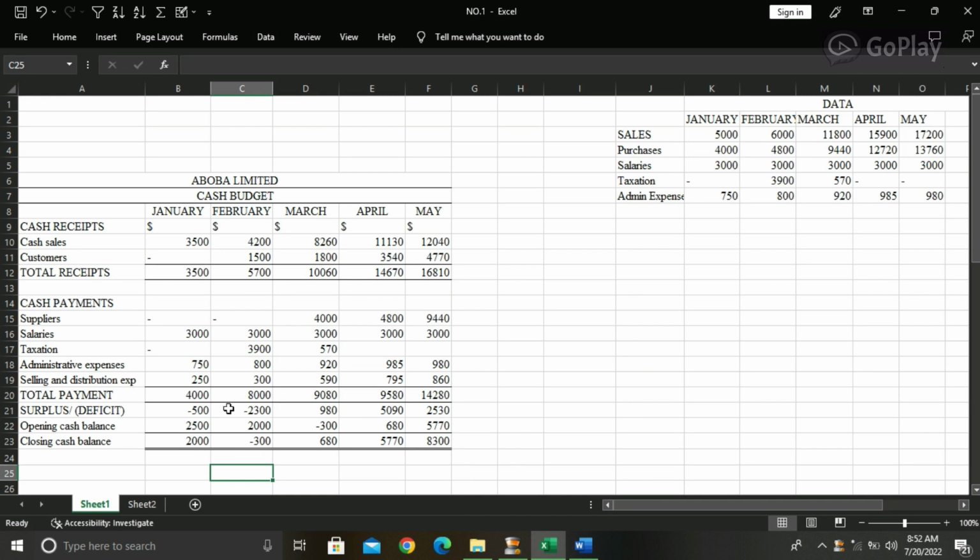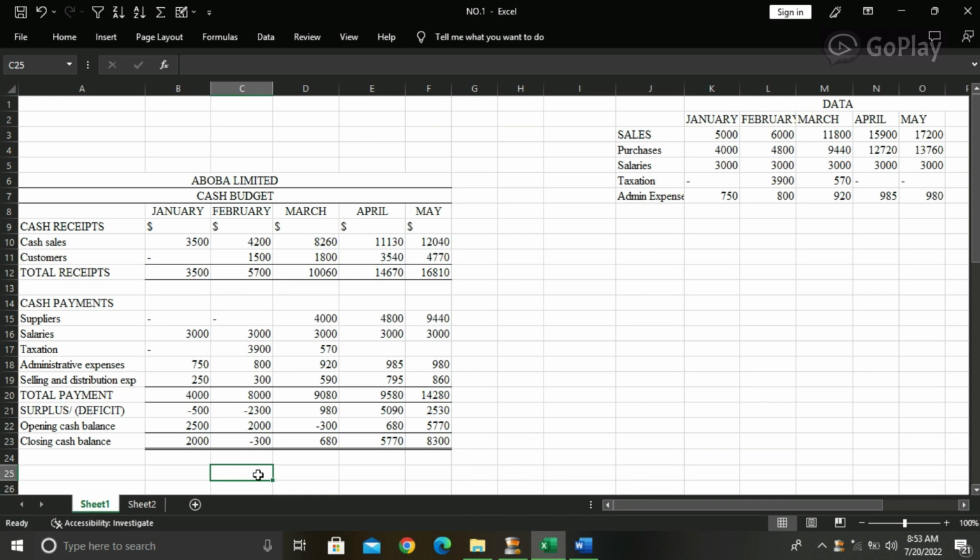But that of February is minus 3,000, sorry, not 3,000, minus 300. This minus 300 will pre-inform management to arrange for a loan facility to make sure that there is at least $2,000 in the company.